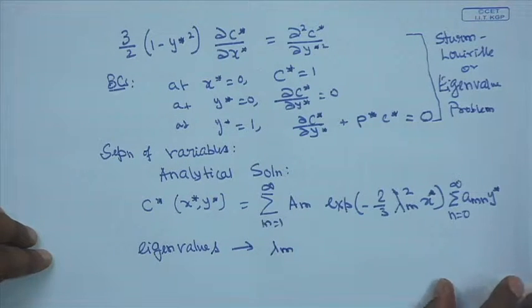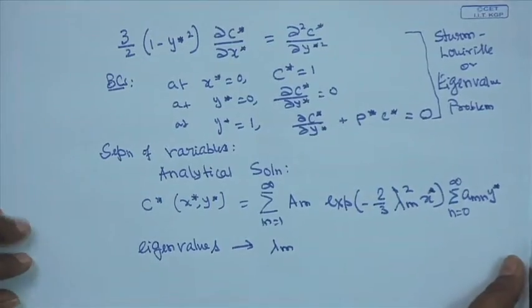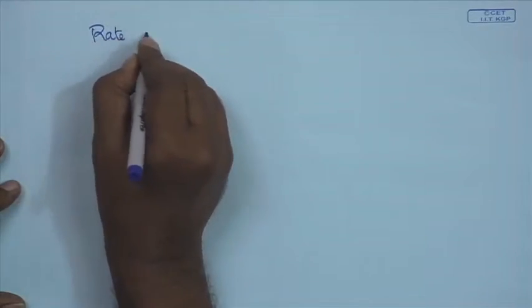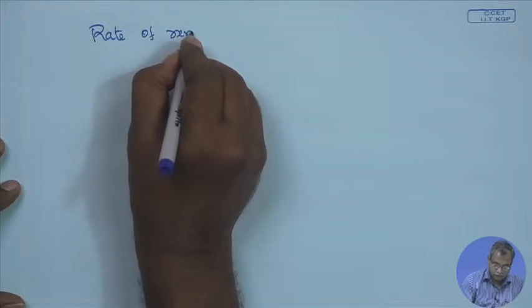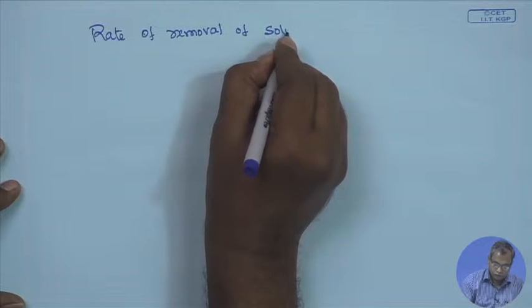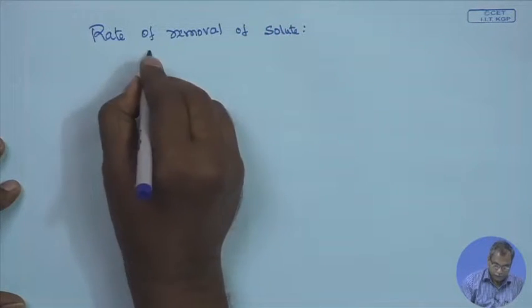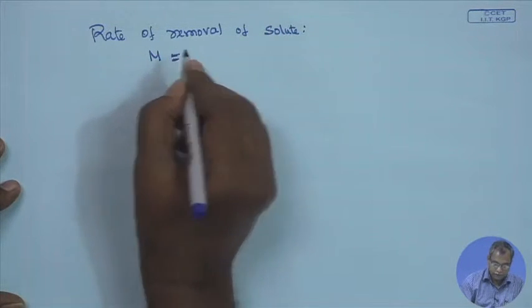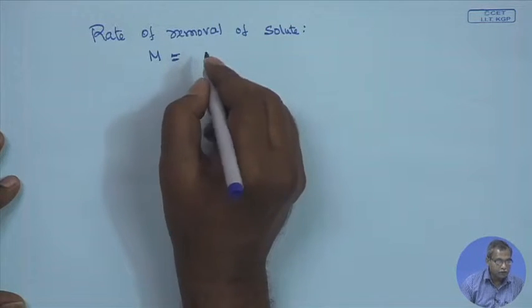Once that is the case, the rate of removal of the solute can be written as a mass per unit time, in kg per second.